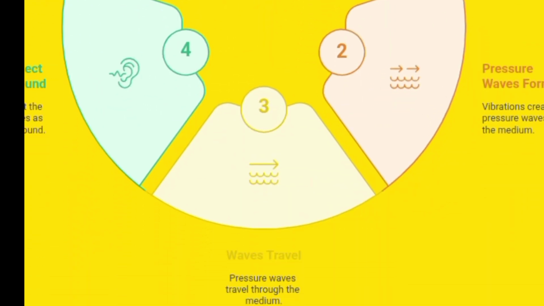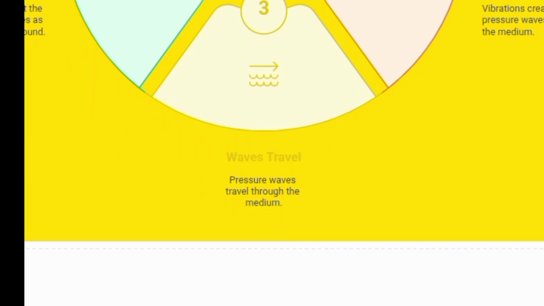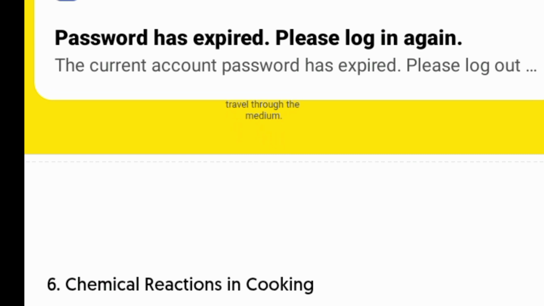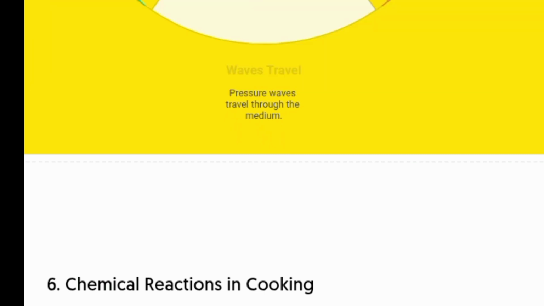Sixth phenomena is the chemical reaction in cooking. Cooking is the practical application of chemistry, where heat causes chemical reactions that transform ingredients. For example, when baking bread, yeast ferments sugar, producing carbon dioxide that makes the dough rise.